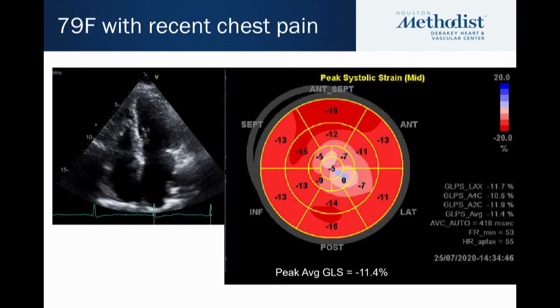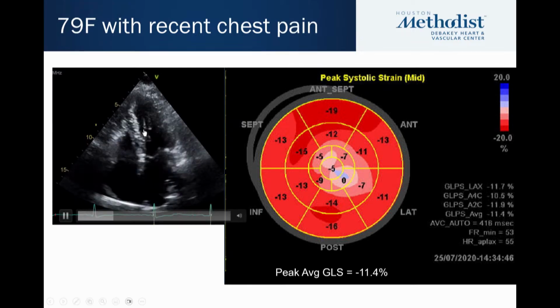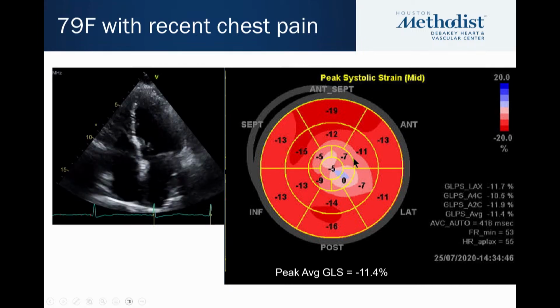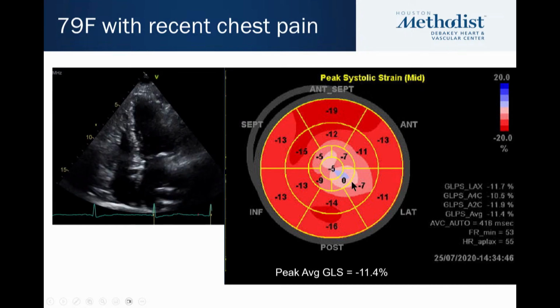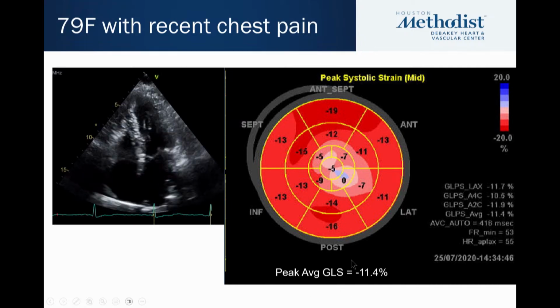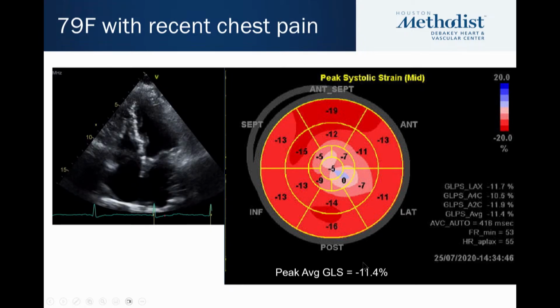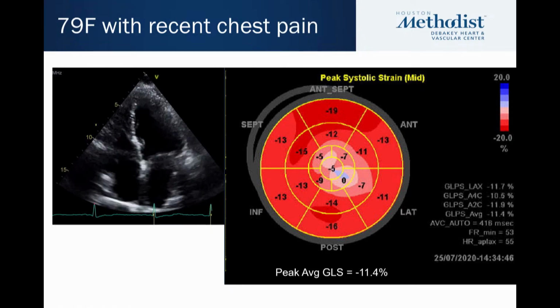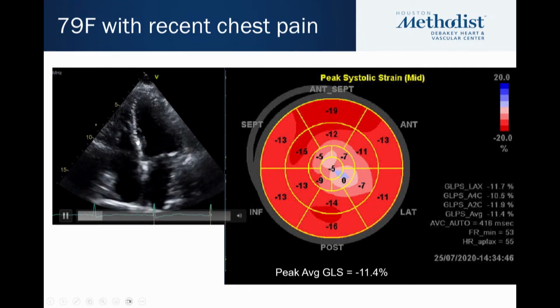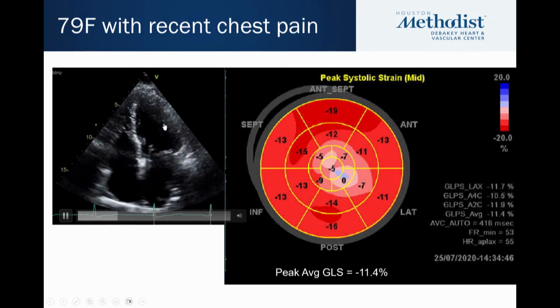Nice little case where, again, the 2D echo might be suspicious of something at the apex. Again, we have this dense area of very low values, but even the global is kind of reduced. So if this is coronary artery disease with maybe an old apical infarct, it looks like you have a great EF here.